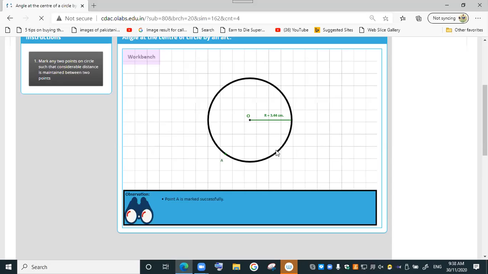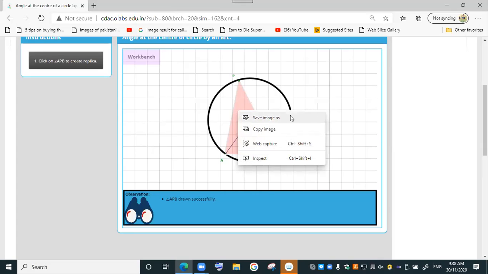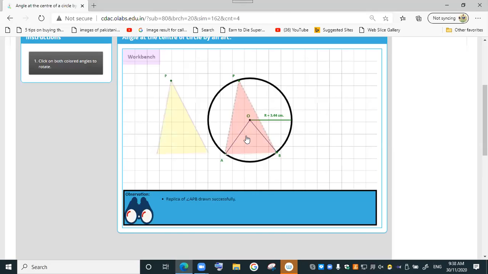Take 2 points anywhere. Click third point P. Click on angle APB. Yes, double click.